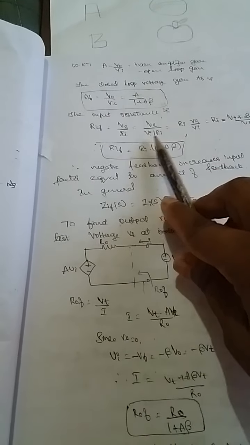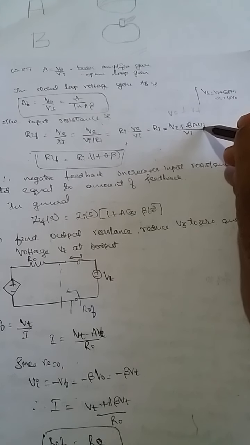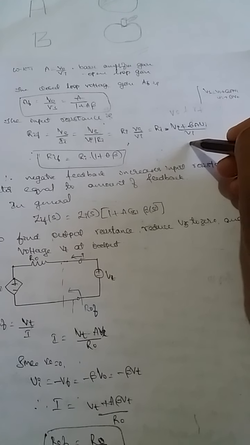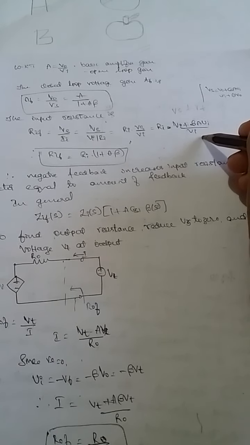Next substitute Vs is equal to Vi plus Vf, and Vf is equal to beta into V0, and V0 is equal to A into Vi. Substituting this and taking Vi common, it gets cancelled. So rewriting, we get RIF is equal to Ri into 1 plus A beta.